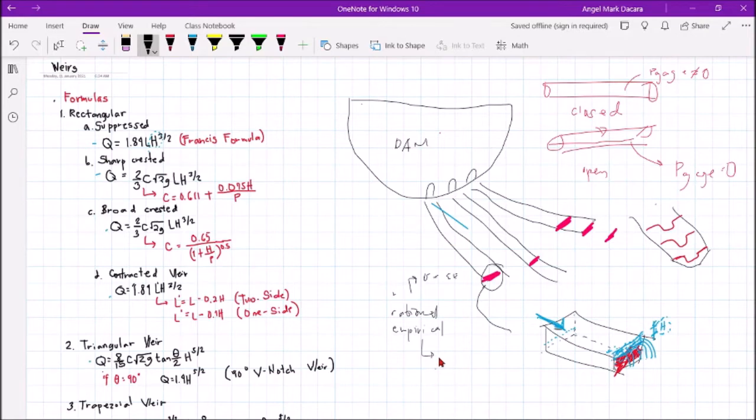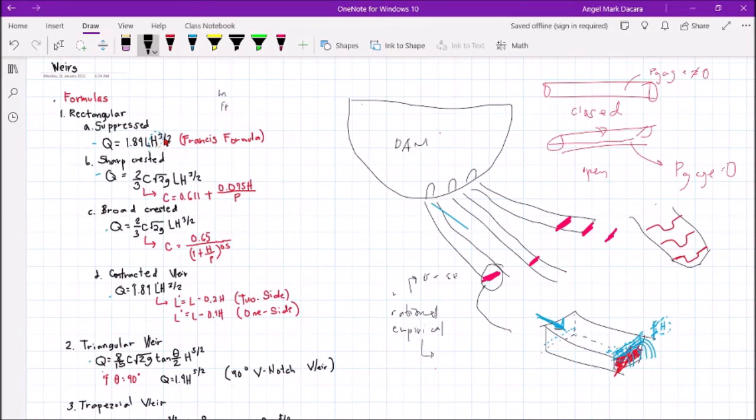Okay? I mean, hindi mo ma-explain kung bakit lumabas yung ganung unit out of this formula. Katulad nito, sa formulang to. This is called Francis formula, and this is for rectangular weirs. When you use length, ang unit niyan is of course meter o feet. Okay? Meter or feet.